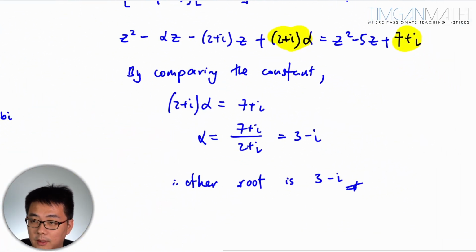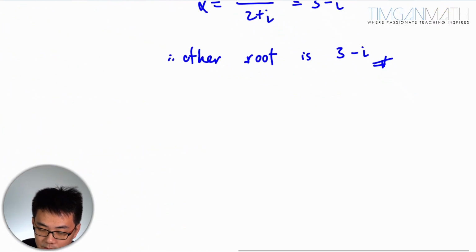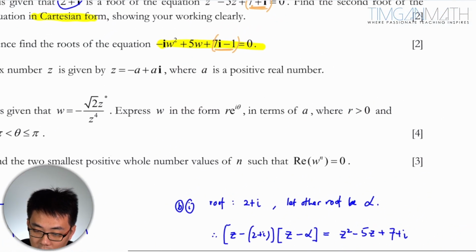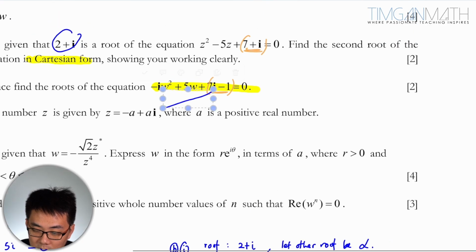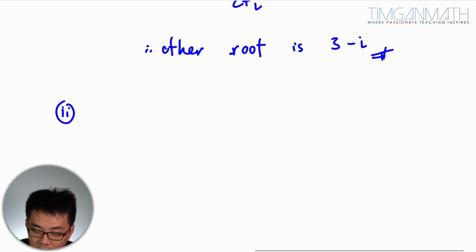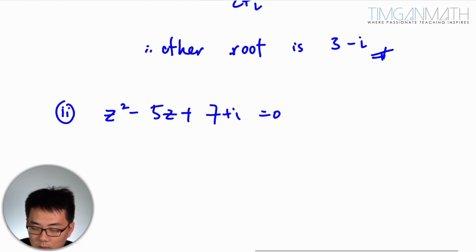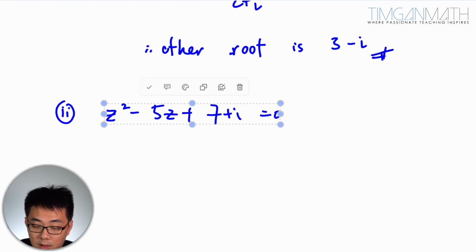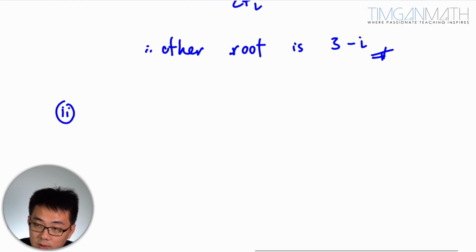So I'm going to try to change this equation here to this part here. The first thing is z squared minus 5z plus 7 plus i. Actually, what I think maybe we can just use minus iw squared.